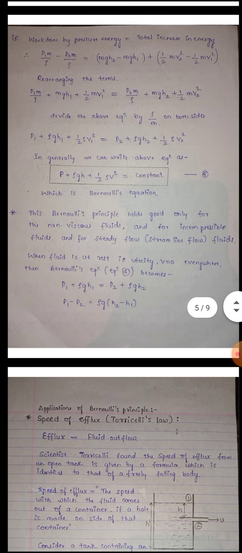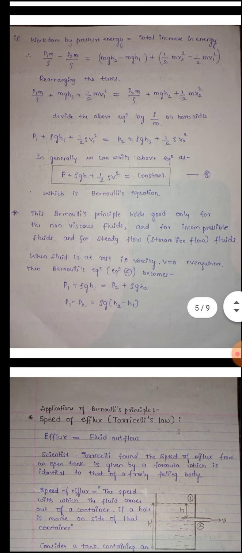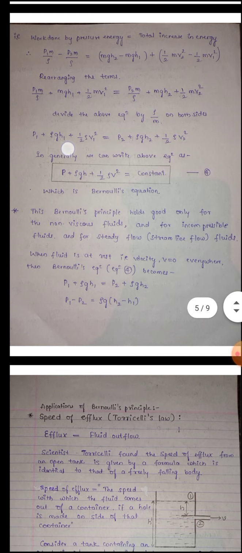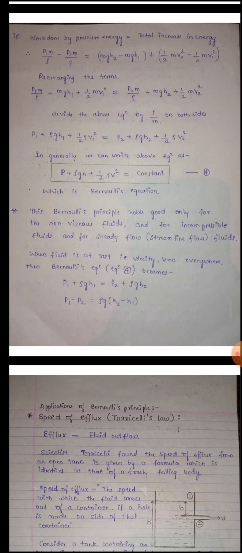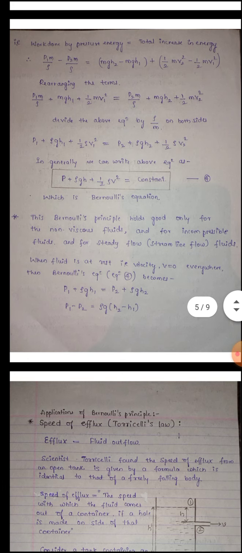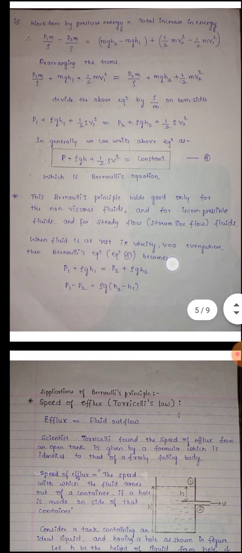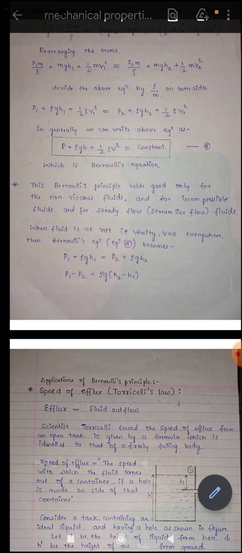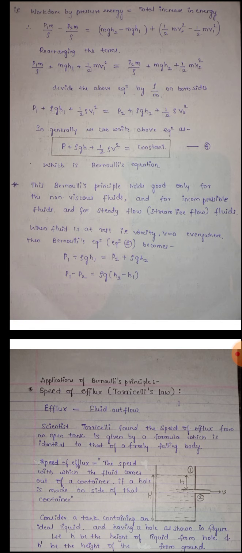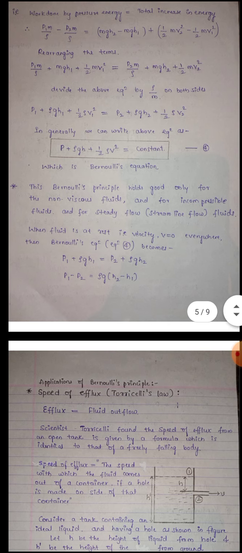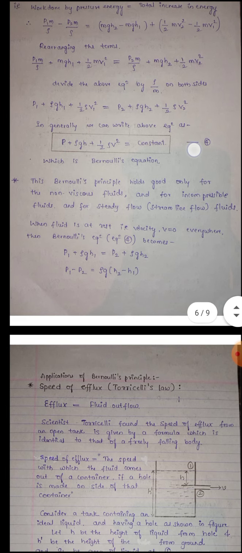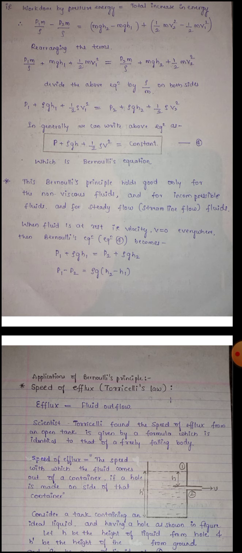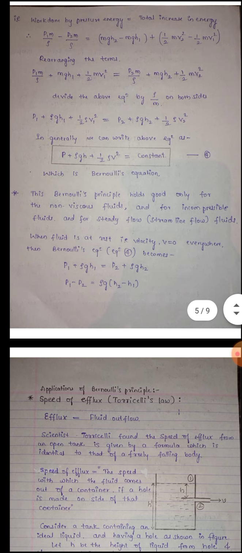This LHS is due to the point A and the RHS is due to the point B. So in general, we can write it as P plus rho gh plus half rho v square is equal to constant. And this equation 4 is known as Bernoulli's equation.